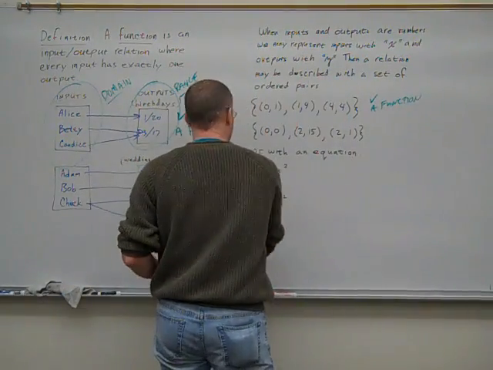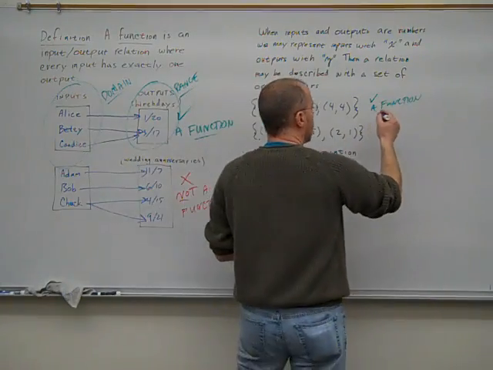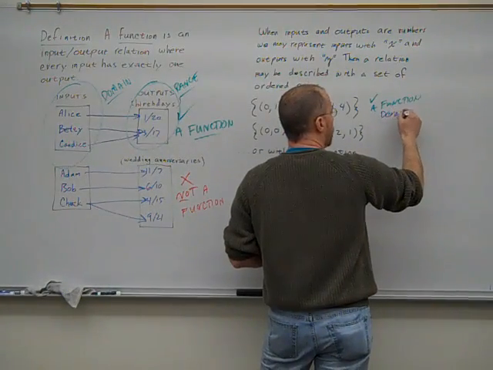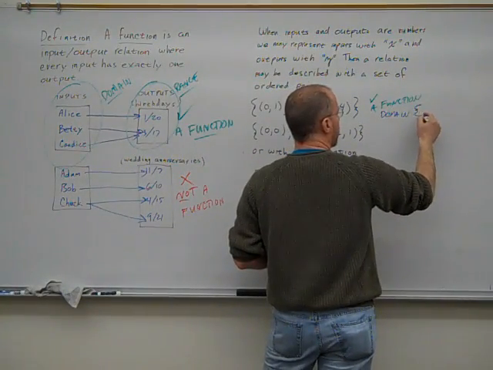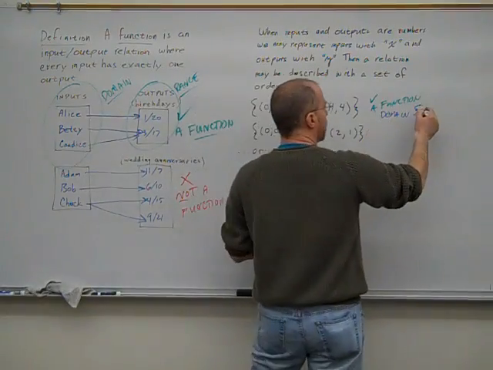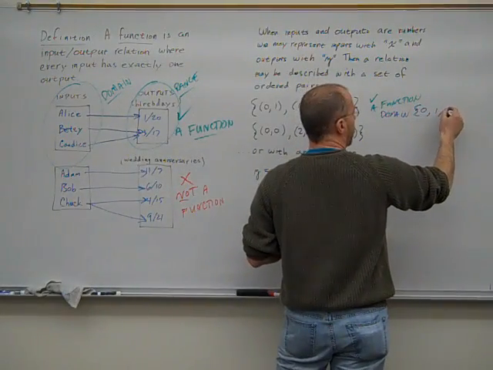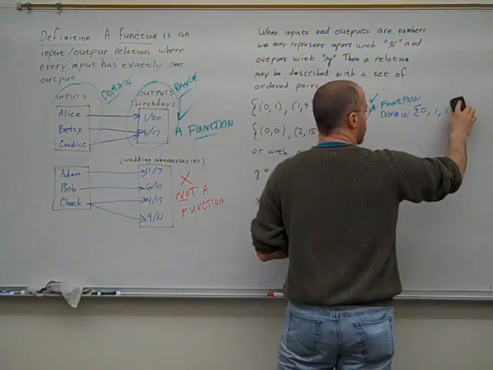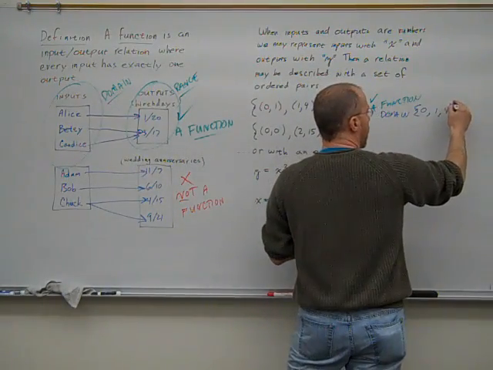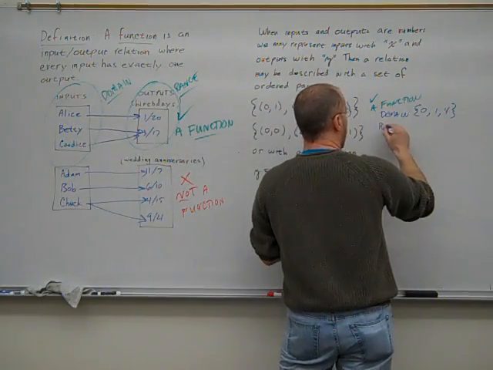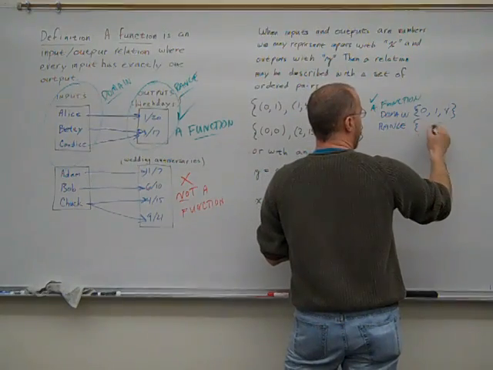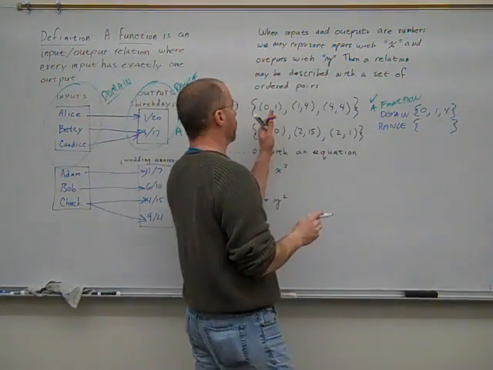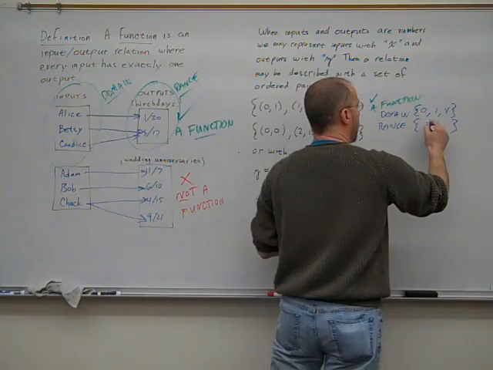And moreover, the domain of this function is the set of inputs 0, 1, and 4. And the range of this function is the set of outputs 1, 4.